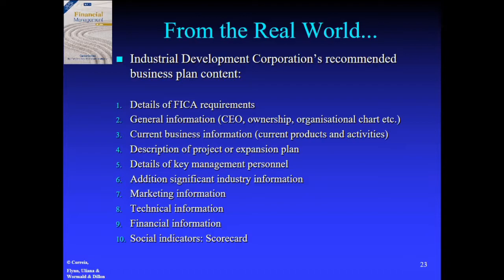This would be via CVs of the CEO, the financial director, project manager, and marketing manager. So additional significant industry information will also need to be included. For example, contracts, licenses, franchising agreements, budgets, distribution agreements. If we have a look at marketing information, this will also need to be included.